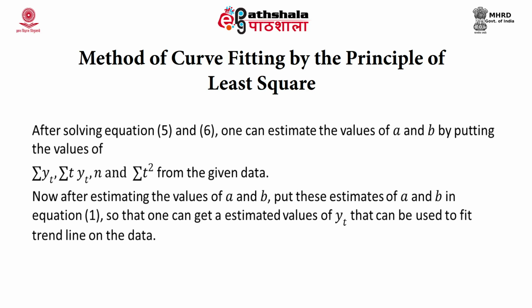Fitting of exponential trend. The exponential curve is given by yt is equal to a b power t. Taking logarithm on both sides, we will get log of yt is equal to log of a plus t into log of b.